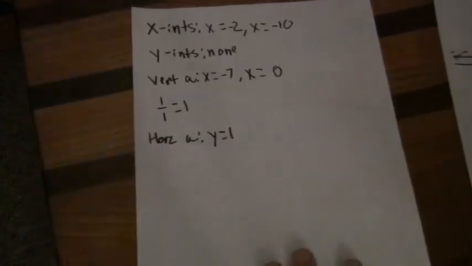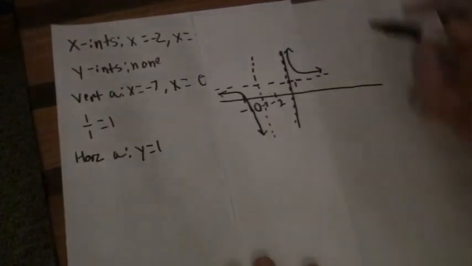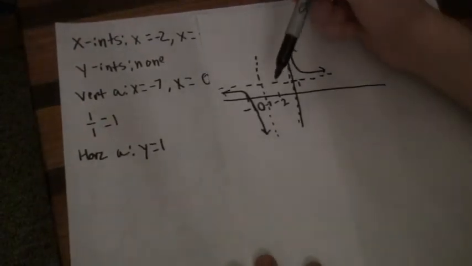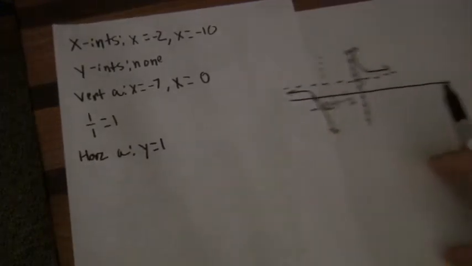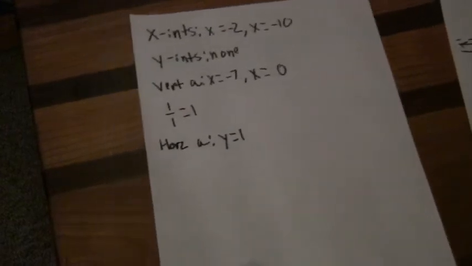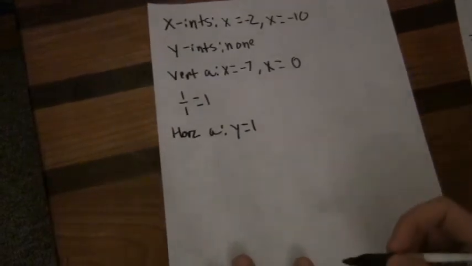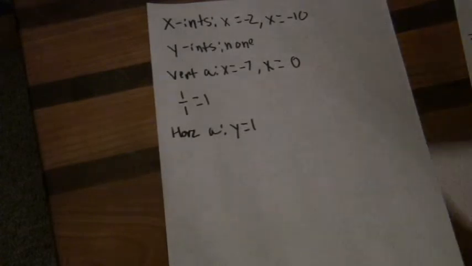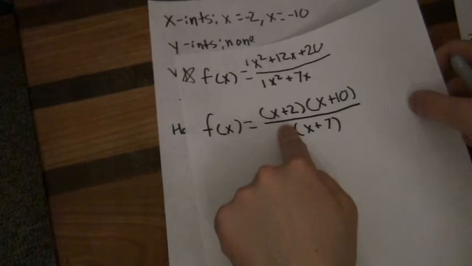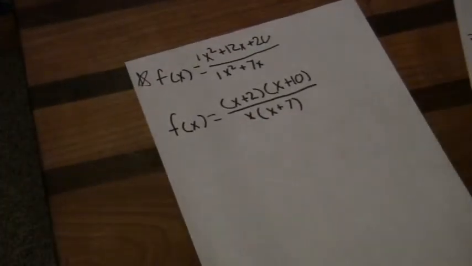So what we're going to do for now is pick some random value between that -7 and that -2. Let's go with -5. It could really be anything in between there. But we're going to take the -5 and plug it into what we got right here. So let's do that on this page.